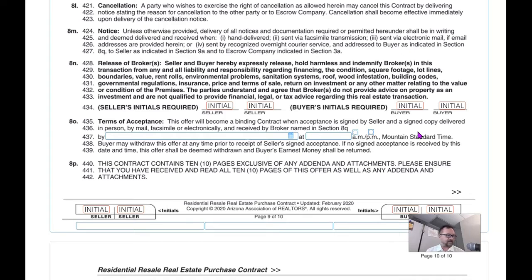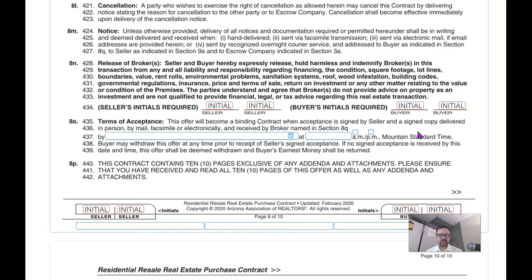Now, in reality, if a buyer does not have by 7 o'clock on Sunday evening an accepted contract, but instead the seller's agent calls the buyer's agent up Monday morning at 9 o'clock going, hey, my guys just got into town and saw your offer. Is your buyer still interested? 99 times out of 100, the buyer is still going to be interested. But this just means that the buyer is not going to be held accountable to the contract if the seller goes past that time point.